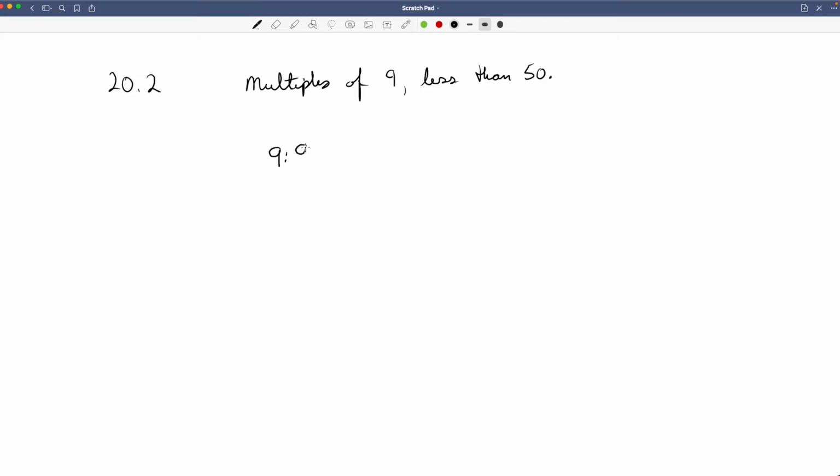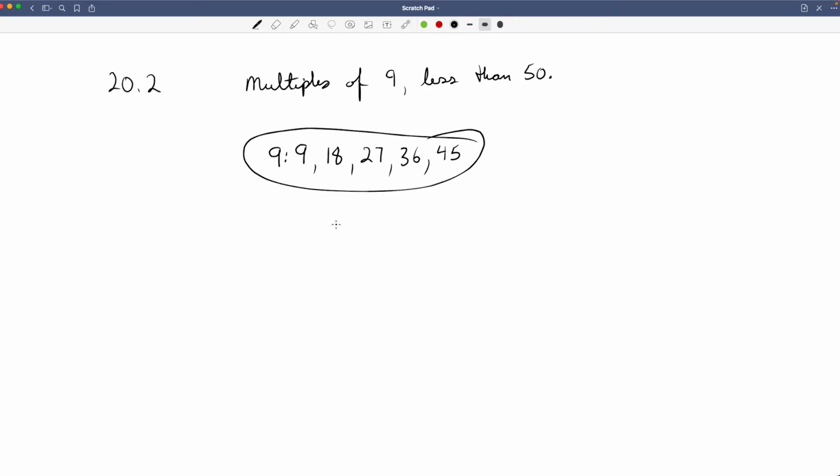So we have 9 times 1, 9 times 2 is 18. 9 times 3 is 27. 9 times 4 is 36. 9 times 5 is 45. 9 times 6, though, is going to be 54. So the multiples of 9 that are less than 50 are these right here: 9, 18, 27, 36, and 45.